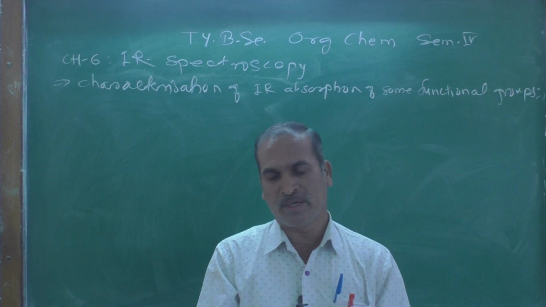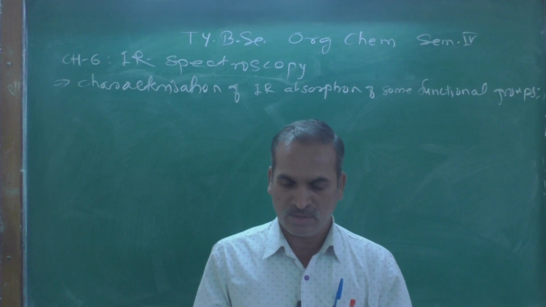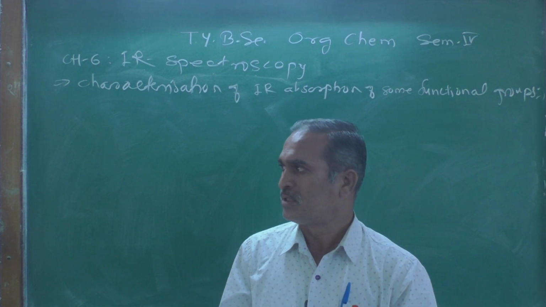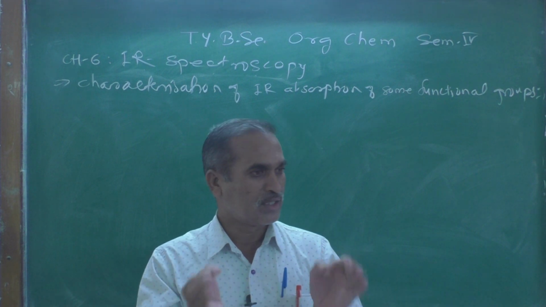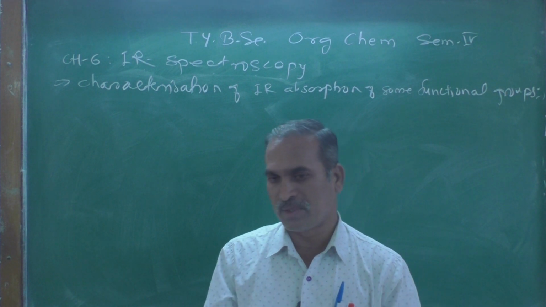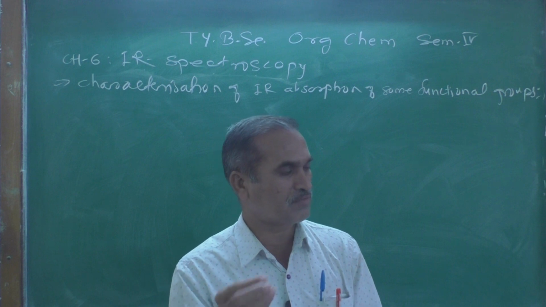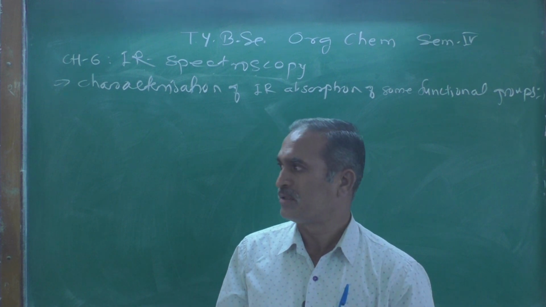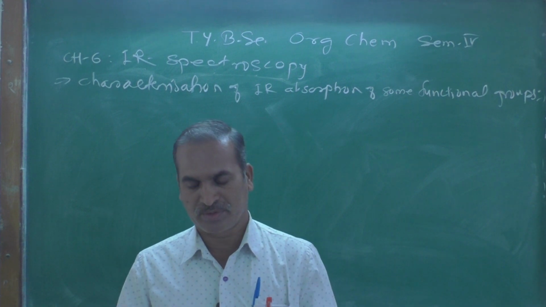Do you remember what we were discussing yesterday? I think we were discussing IR spectroscopy. In that we have seen one of the tables which shows IR absorption bands for particular functional groups.